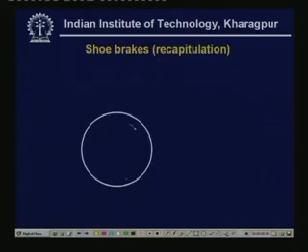There are two symmetrically placed levers, so this is the center of the drum, and at symmetric angles there are two levers, and on them there are these shoes.